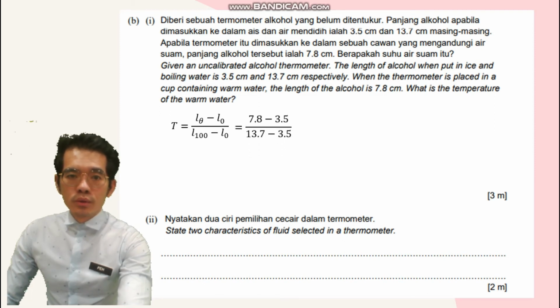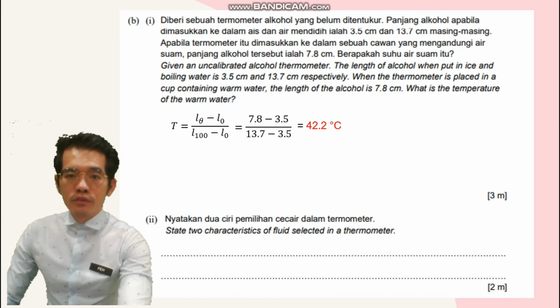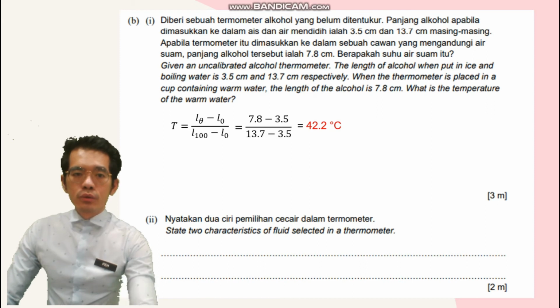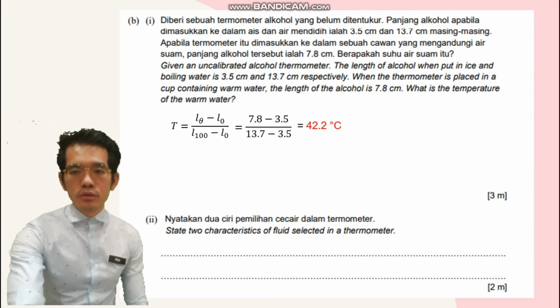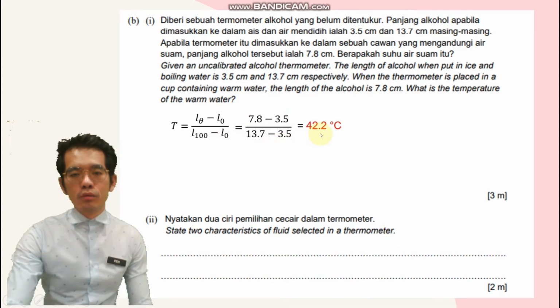So substitute all the values in the formula, and you get the temperature of the warm water as 42.2 degrees Celsius. Since the question gives 3 marks, the first point will be the formula, second will be substitution, and last will be the answer.